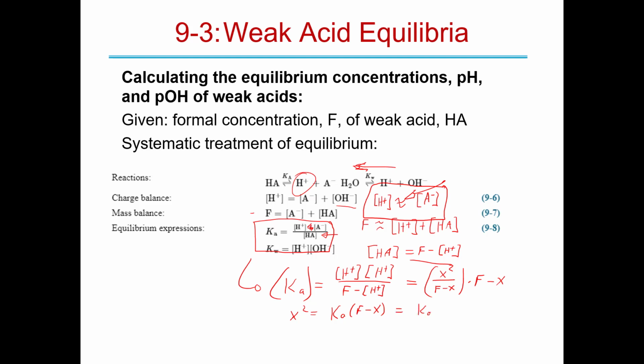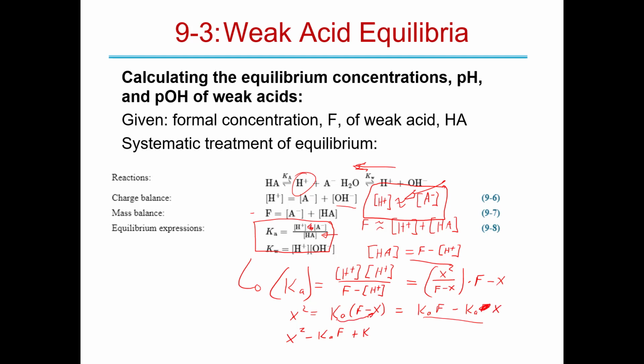We get Ka times F minus Ka times X. We're going to subtract both of these from this side of the equation and move them over to the left-hand side. I messed up here.